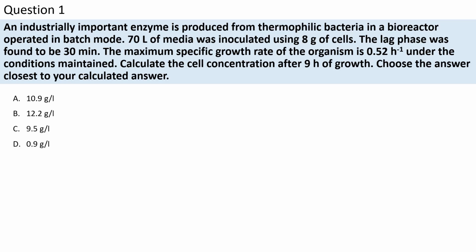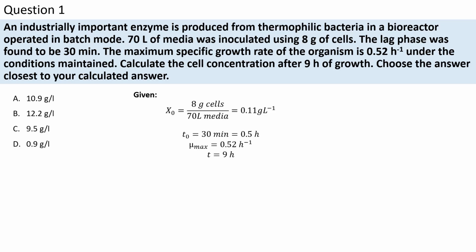So let's see first what is given. We are using 8 grams of cells for 70 liters of media. X naught, the cell concentration, should be in gram per liter. We are adding 8 grams of cells in 70 liters of media, so 8 divided by 70 is equal to 0.11 gram per liter.